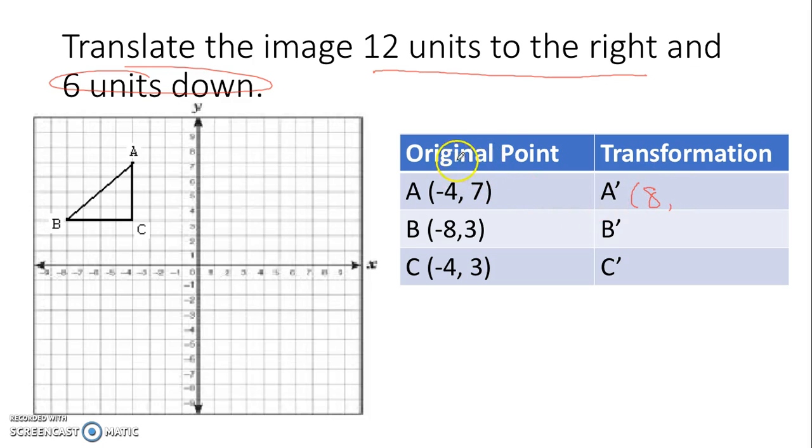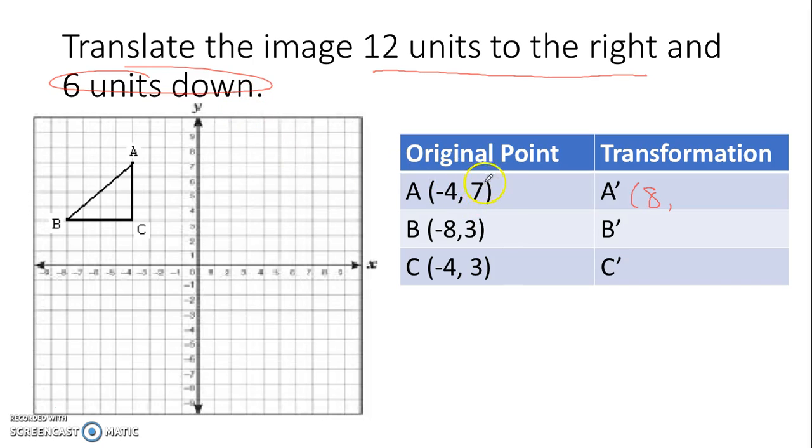Okay, next thing, to get the new y point of A prime, we are going to translate it 6 units down. Now it's the same concept as what we're doing. Up on the number line would be positive or plus, and down on the number line would be negative or subtract. Well, since we're doing 6 units down, we are going to subtract.